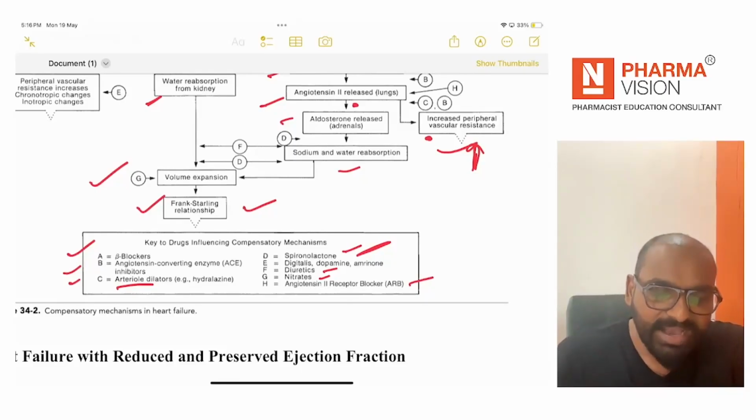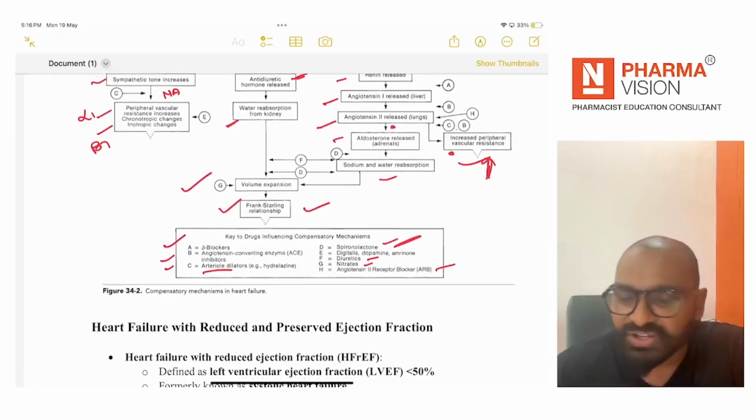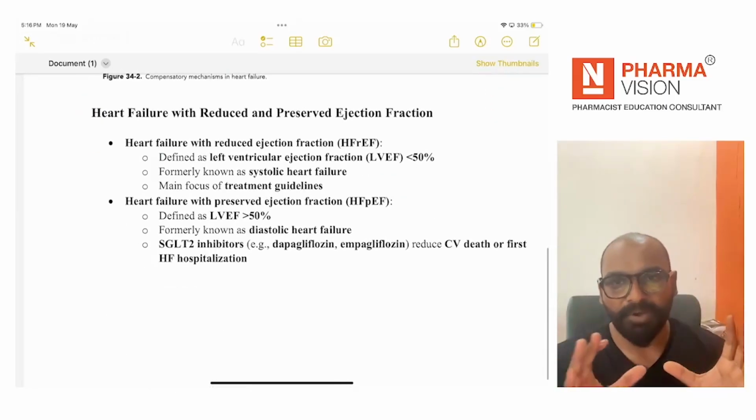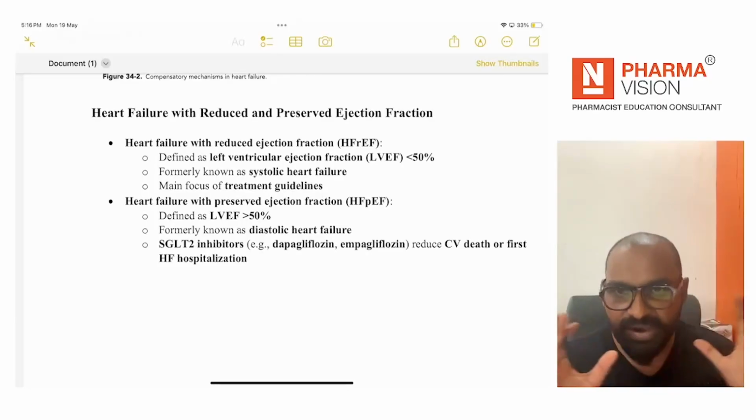Okay, so this is the list of medications you can understand based upon the physiology. It's all the physiology and pathogenesis we have discussed.